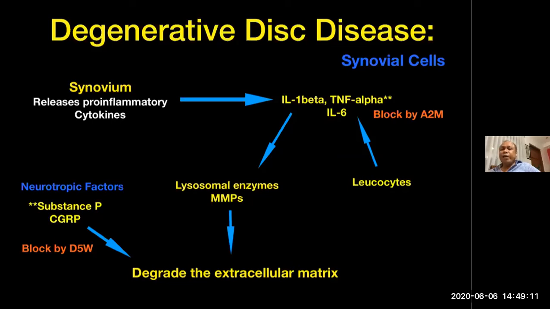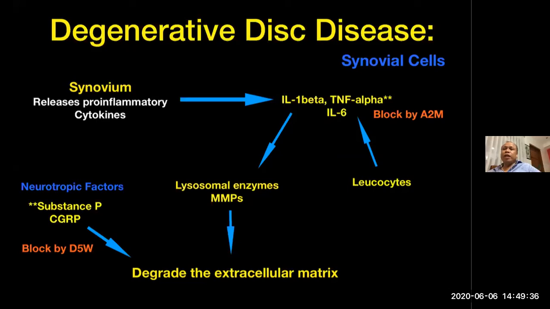Now, secondarily, even as the pro-inflammatory cytokines are already causing pain, they can also secondarily degrade the extracellular matrix of the disc. So now it compounds the problem because you have the pro-inflammatory cytokines, and you also have a degraded intervertebral disc.